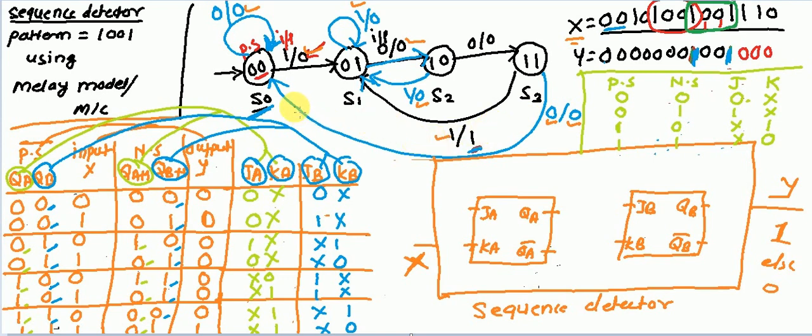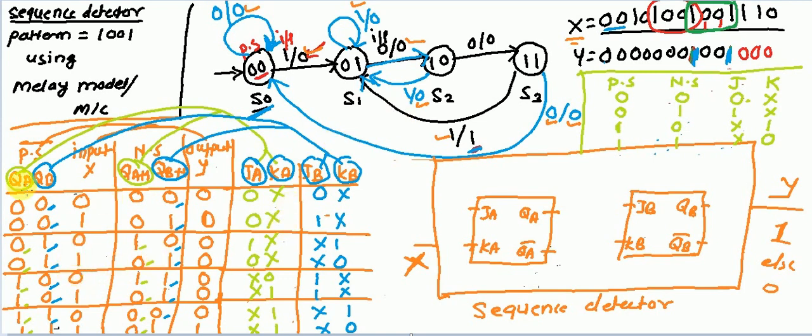The next step we have to draw the circuit excitation table. So in this table we have present state QA QB, input X, next state QA plus QB plus and output Y. We have to define all these values by taking the reference of the state diagram.